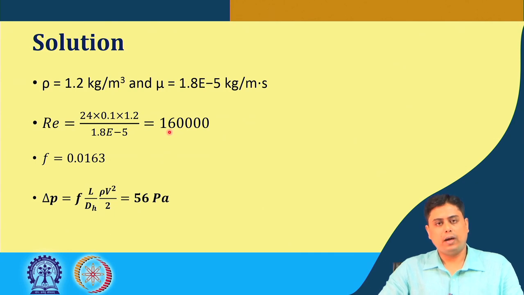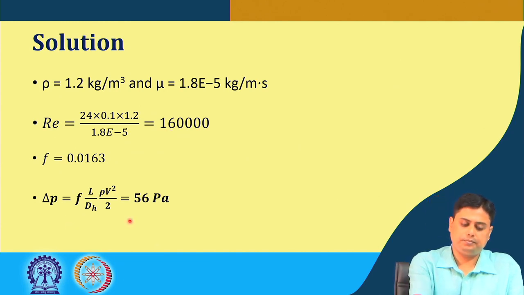Okay. And now we go to the Moody chart. There we can find out, for this Reynolds number, what would be the friction factor. Using that friction factor, we can find out the delta P by this equation.